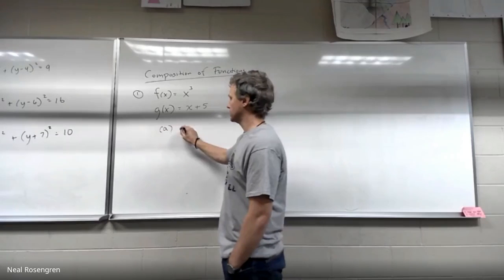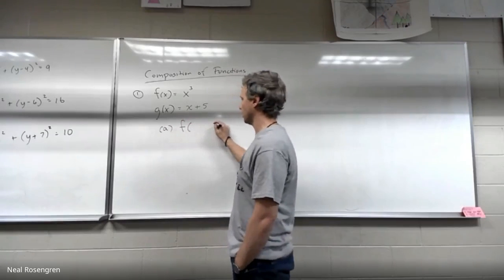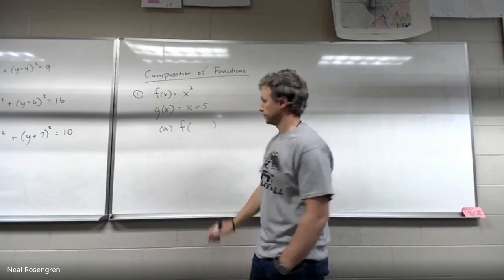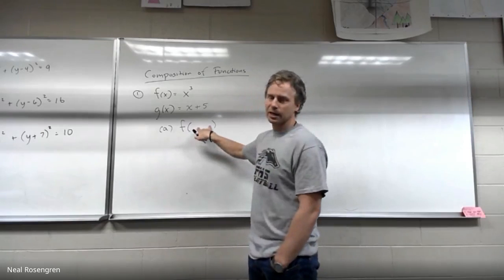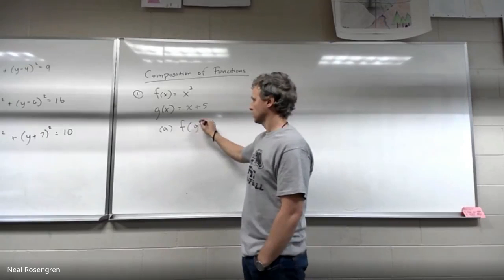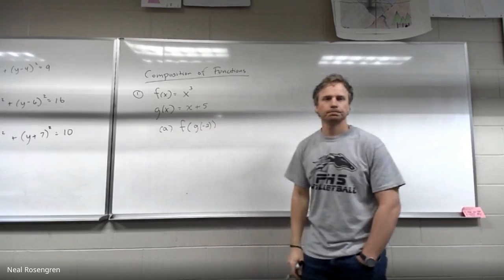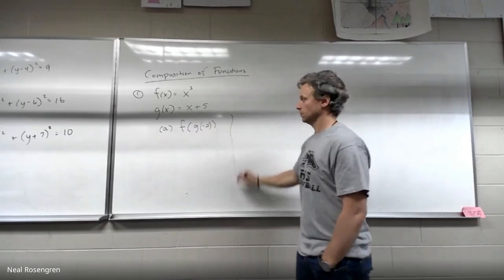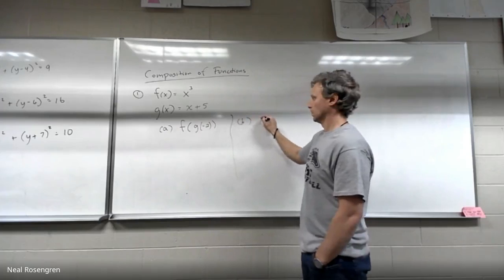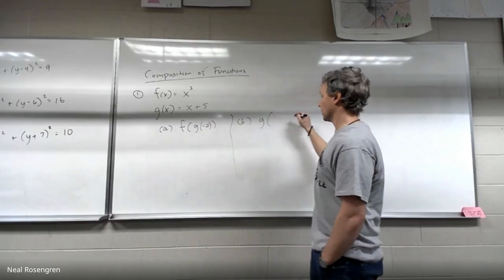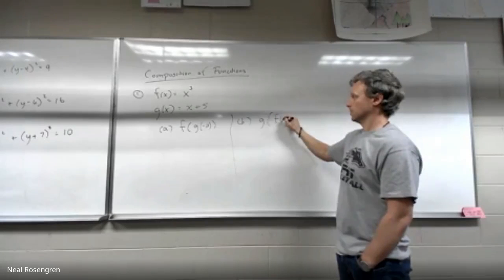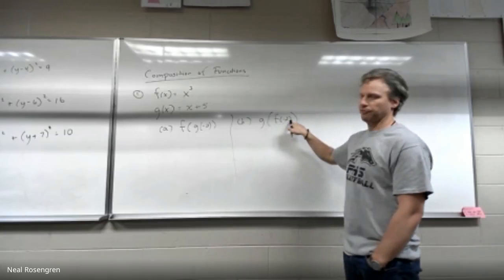They could say something like f of something, but on the inside here would be g of -2. Or it could be g of f of -2.